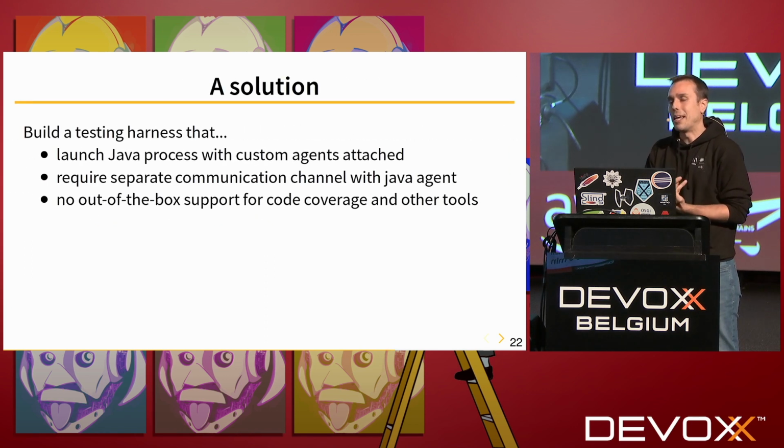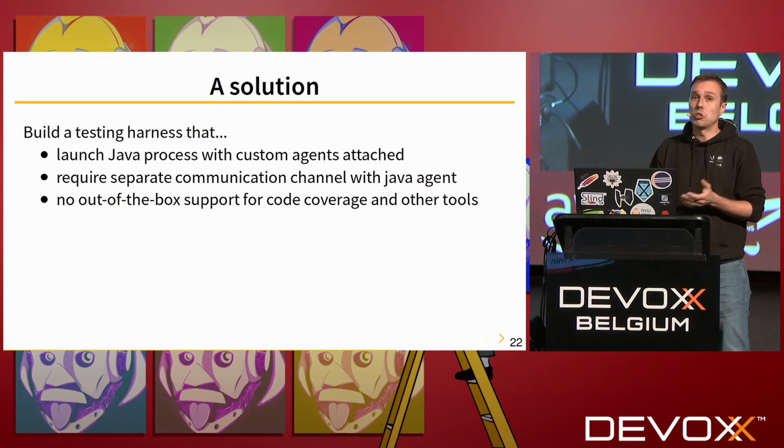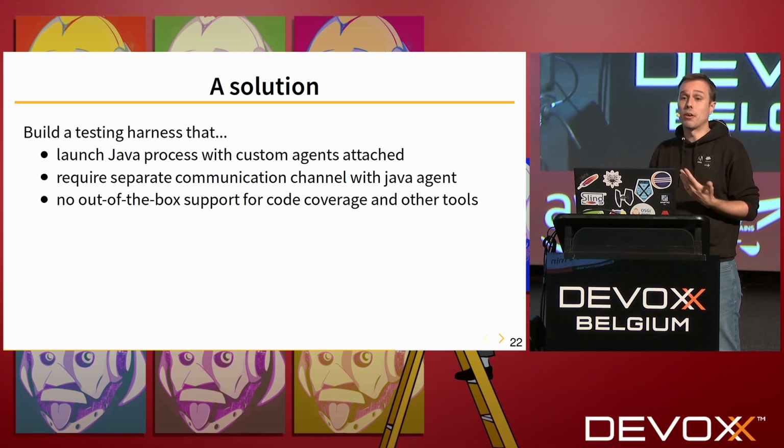One solution, not necessarily the solution, to testing Java agents is to just fall back to integration tests. You need to do a little bit of legwork and build your own testing harness. The steps briefly are: you launch a Java process from your test, it's no longer a unit test, and attach the Java agent to it.